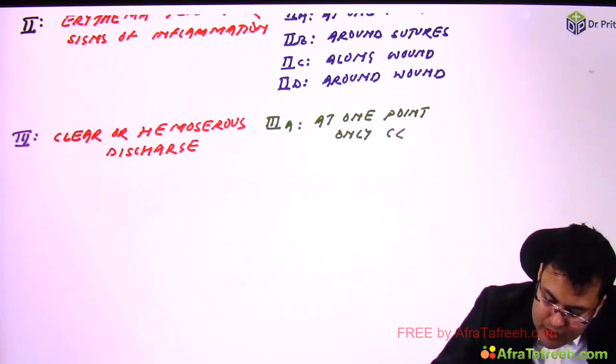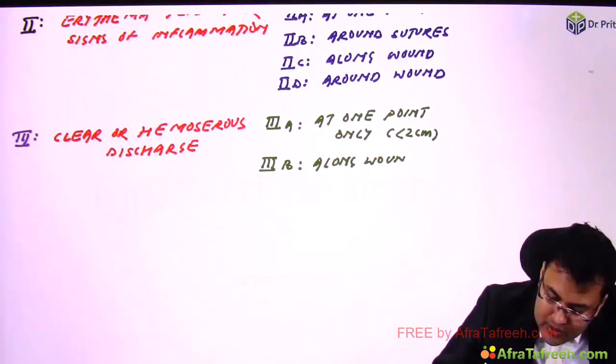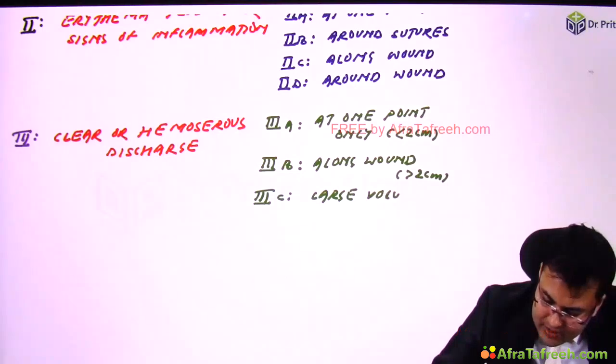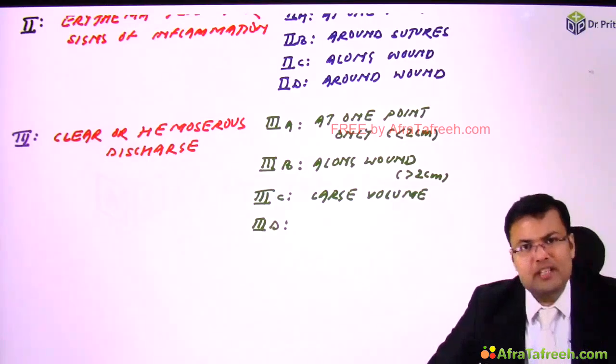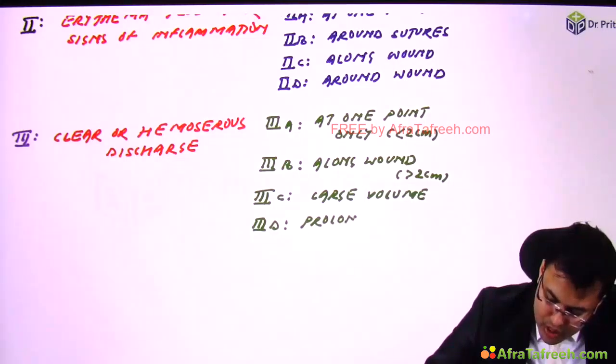It's at one point only, less than 2 centimeters. What about 3B? It's along the wound and more than 2 centimeters. In 3C, there is a large volume of discharge. And 3D, it's prolonged, which means more than 3 days.